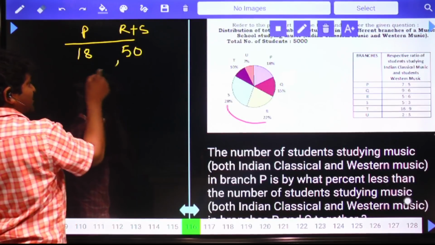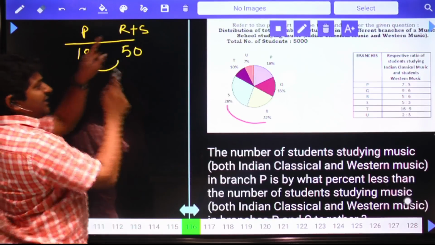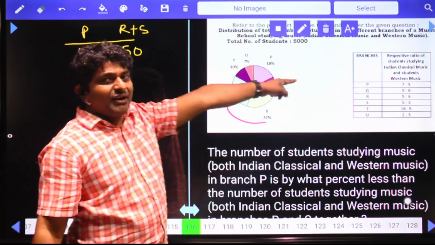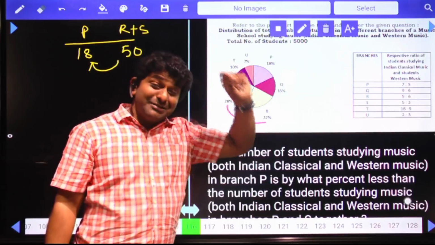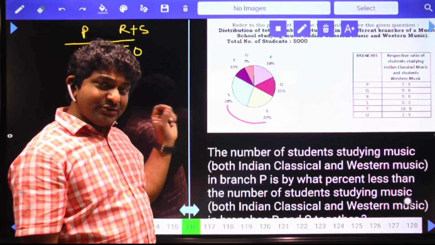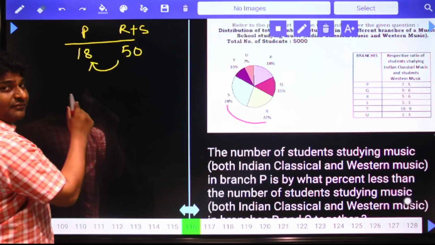Now your question is how much percentage less? Because 18% is calculated on 5,000 and 50% is also calculated on 5,000. Both are calculated on same number. I don't want to go for exact answer. I would like to just use percentages as it is. Now 18 is how much less than 50?